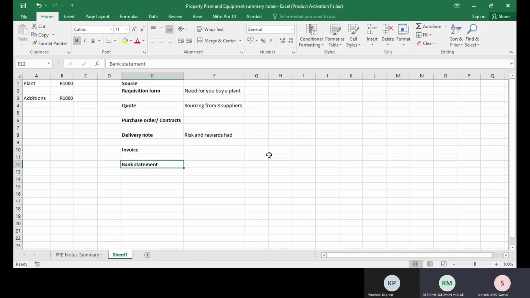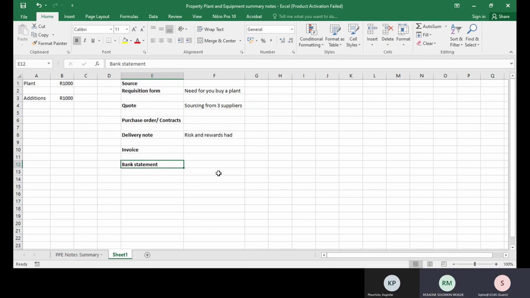As a source document, wouldn't you also request for a creditor statement? Definitely. If you haven't paid for the asset, wouldn't the creditor also send you a statement of how much you owe? Wouldn't that also be reliable? Definitely, I agree with you, you're right. But don't lose direction. Remember, what are you testing? You are testing additions. What you are saying is you are testing the payable now.